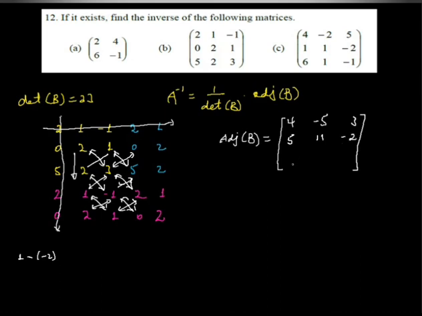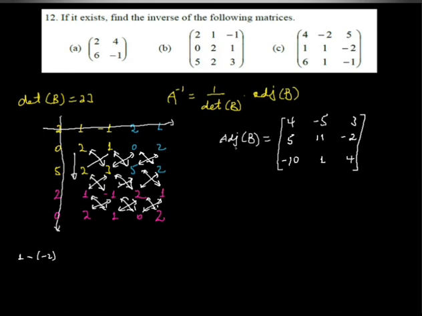Okay, this is minus 2. Then for the third row: 0 times 2 is 0 minus 10, 0 minus 10 is minus 10. Again 5 times 1 is 5, 5 minus 4 is 1, this is 1. Lastly 2 times 2 is 4, 4 minus 0 is 4.